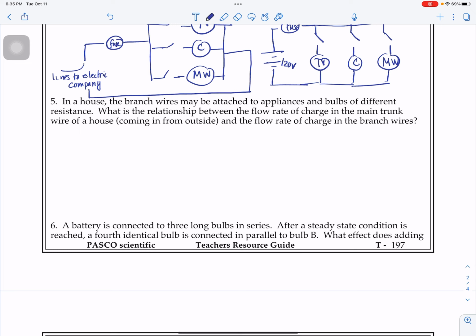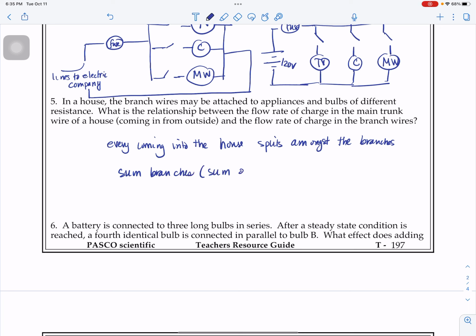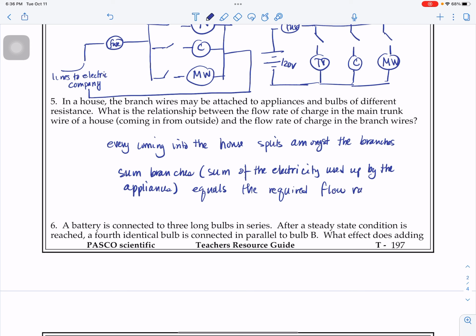So we know that everything coming into the house splits amongst the branches, or probably the more sensible way to say it is that the sum of the branches, in other words, the sum of all the electricity used up by the appliances, equals the required energy flow, or the required flow rate into the house. That's probably the smarter way to say it.